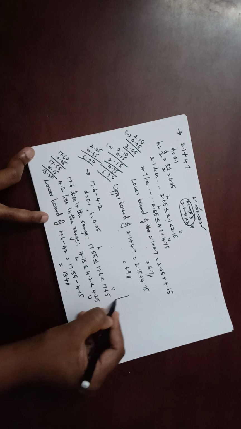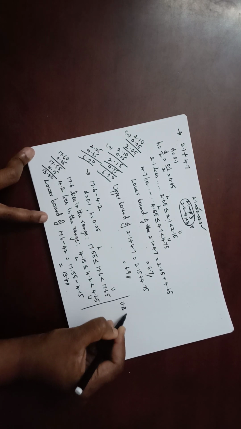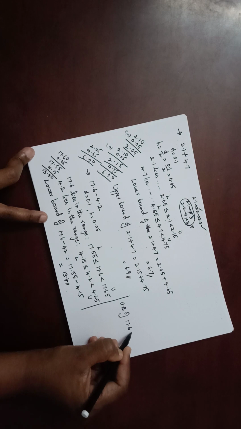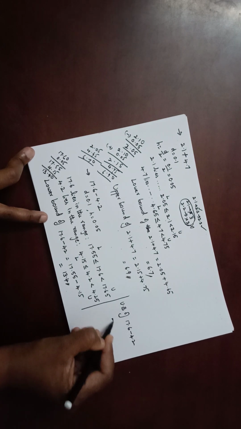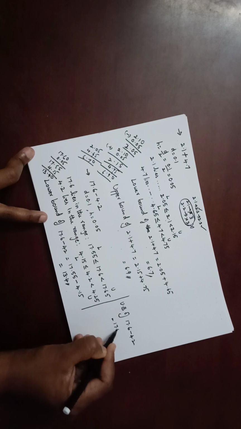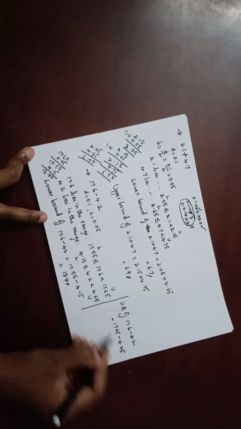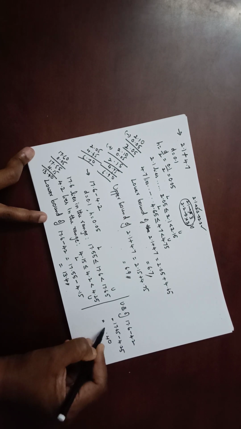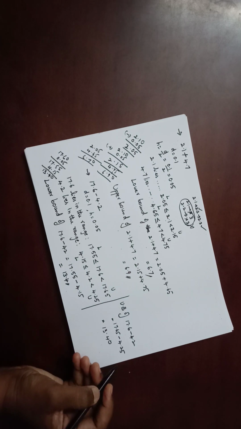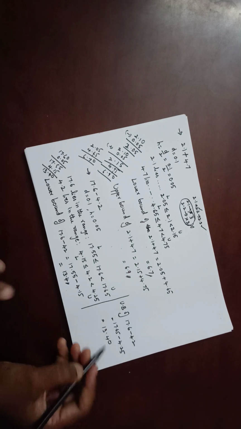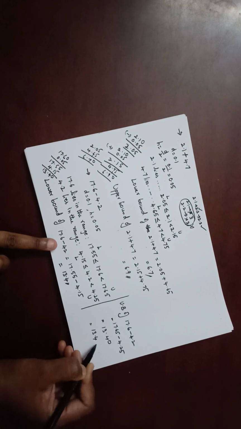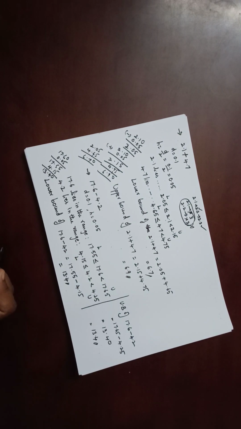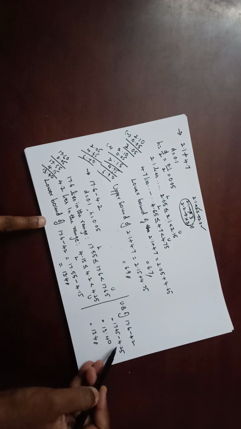Now the upper bound of 17.6 minus 4.2: take the upper bounds, 17.65 minus 4.25. 5 minus 5 is 0, 6 minus 2 is 4, 17 minus 4 is 13. So this is 13.4.